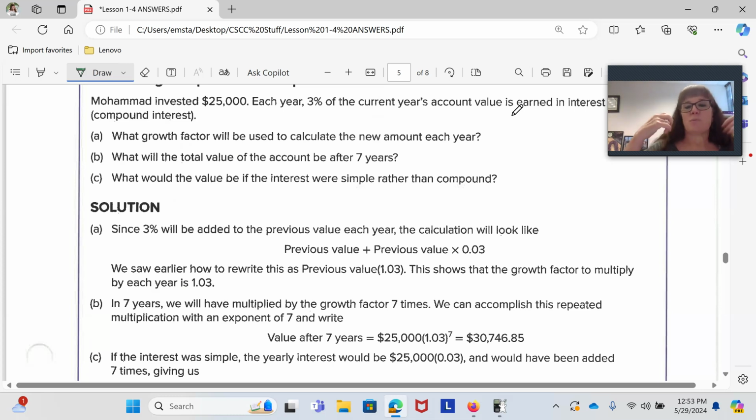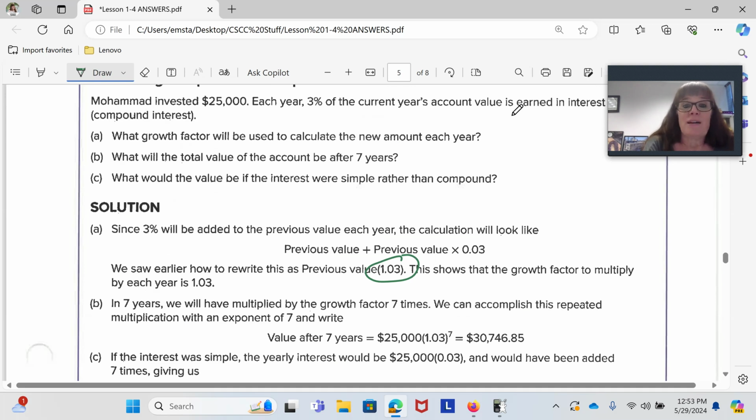So with compound interest, we're earning interest on the interest, which is why it grows so quickly. The first question, I really like this one. It asks us what the growth factor will be, because that's a pretty important question. And they give it to you down here. It's 1 plus the interest rate. This interest rate was 3%, written as a decimal 0.03, so 1.03.